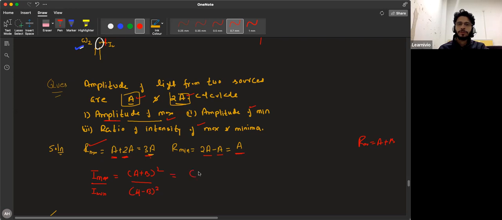How much is a plus b? It's a plus 2a. How much is a minus b? A minus 2a, or you can say it's 2a minus a, greater minus smaller, square. Although there is a square, so this negative sign will not matter. So that's 9a square. In denominator, you have a square. It gets cancelled out. You get 9 by 1.